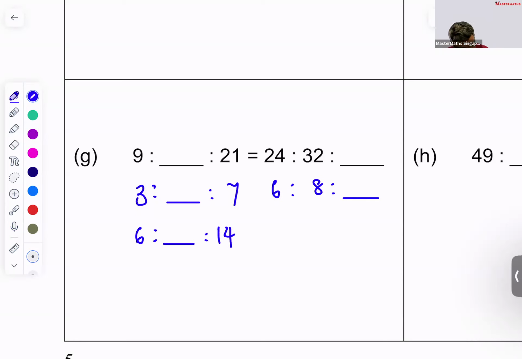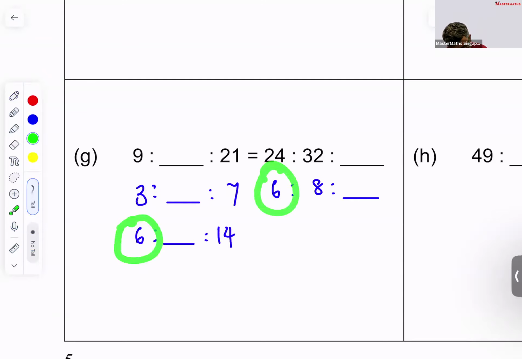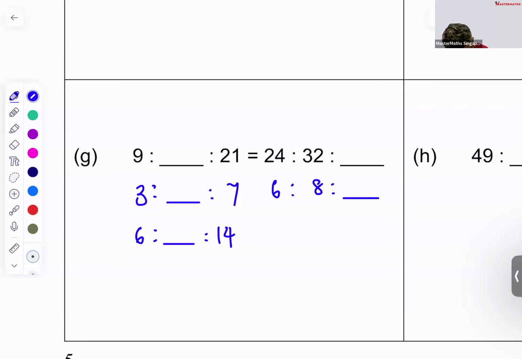Then you compare the numbers. What have I got? I've got 6. I've got 6. So I've got the ratio I want. So that means the second number must be an 8 here. So you write down 8 here. And then this one must be the 14.